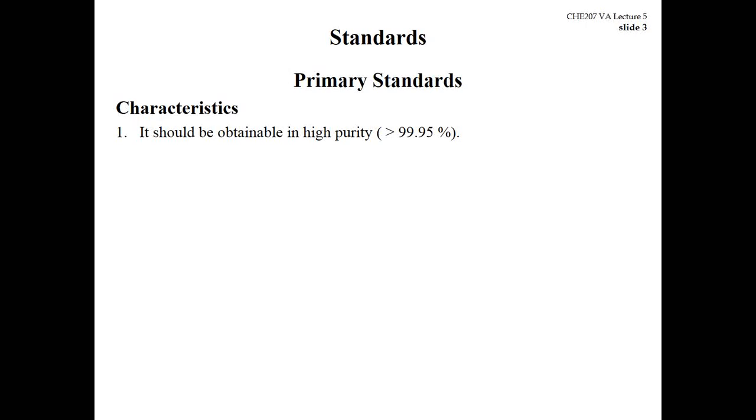What characteristics should a primary standard have? First of all, it must be obtainable in high purity, bigger than 99.95%.